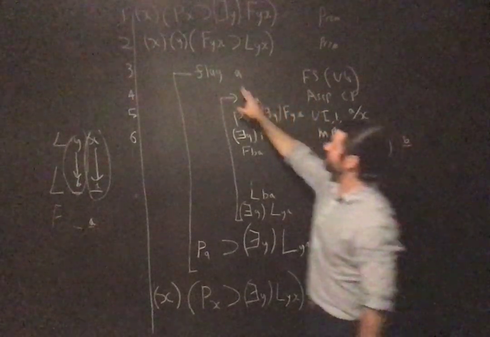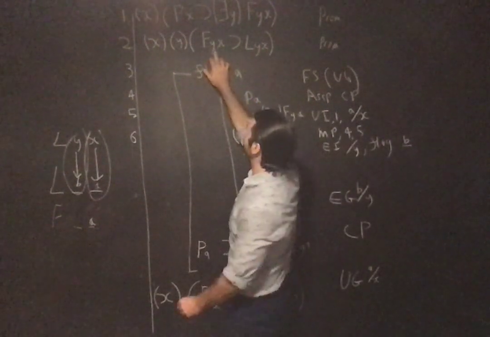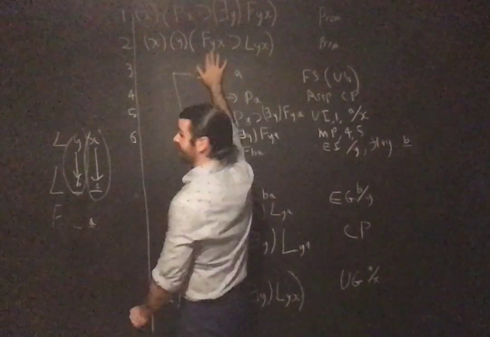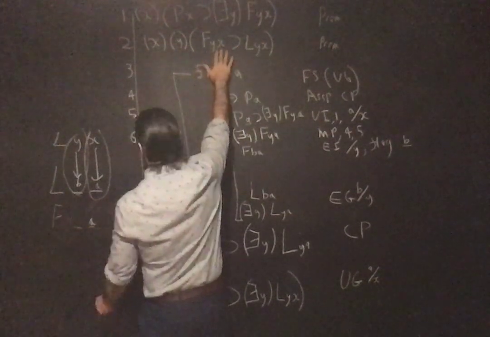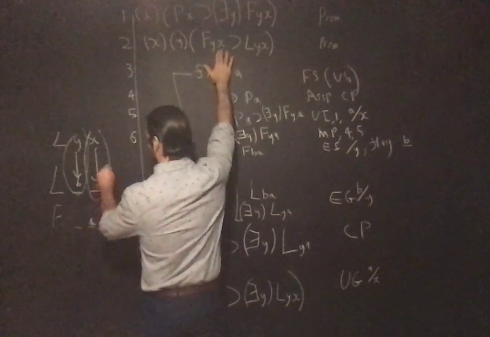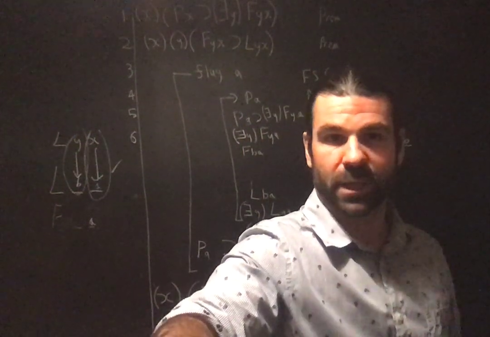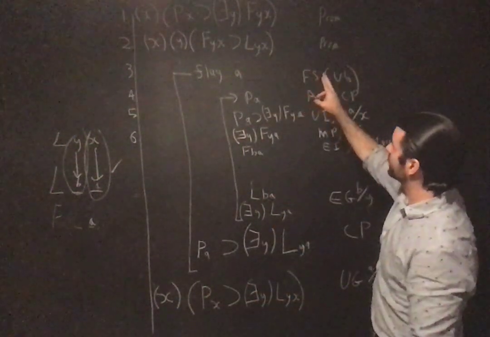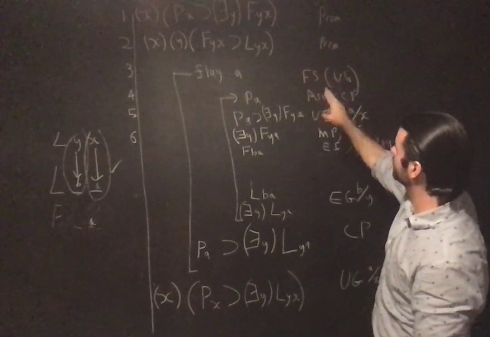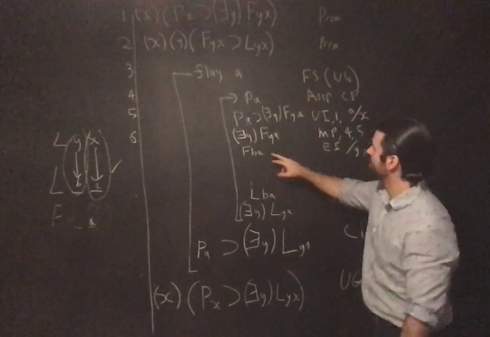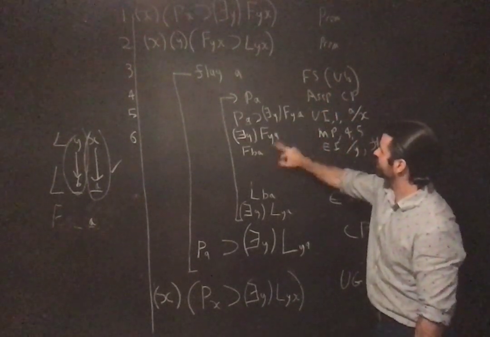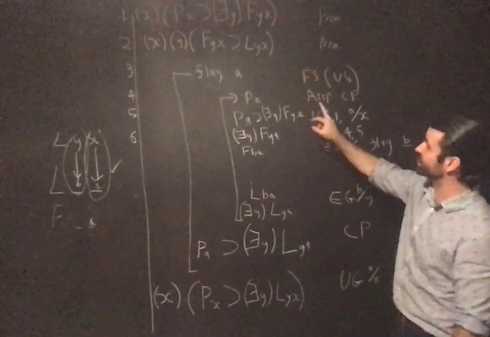FBA, so look how it matches. We want this Y to go to B and the X to go to A. Yep, that agrees with the other thing we figured out. So we got all that from premise 1.